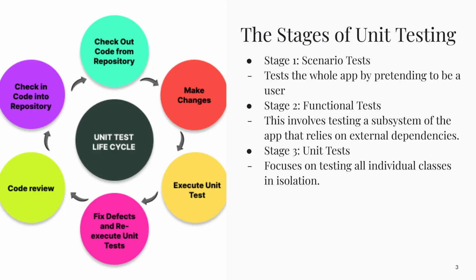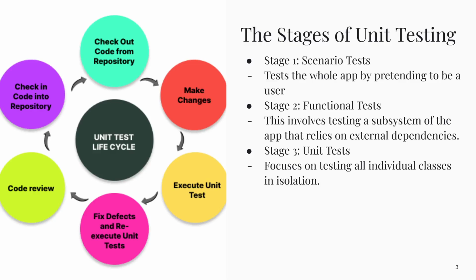So, to put these 3 stages into the car manufacturing scenario, stage 1 would be developing the whole car, assembling it, then taking the car itself into a field and testing the whole thing by pretending to be an average user.